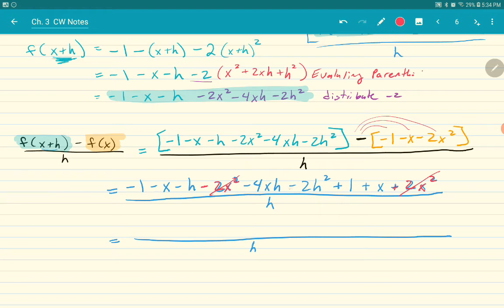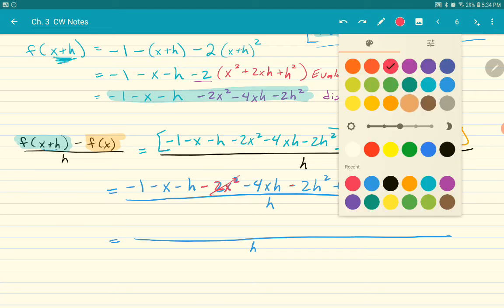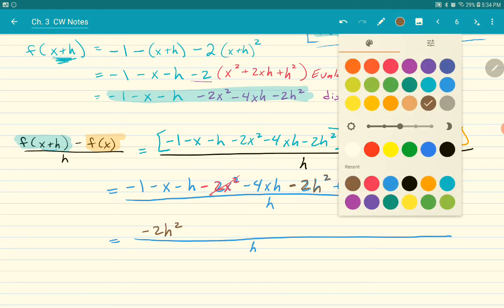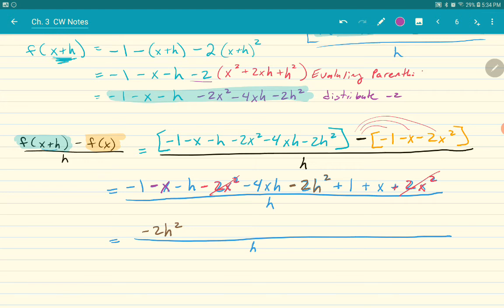That's the -2h squared, so I'll keep that right here. Going on to my linear terms, I have a minus x right here, and a plus x over here. Those will cancel, negative x and plus x become 0.